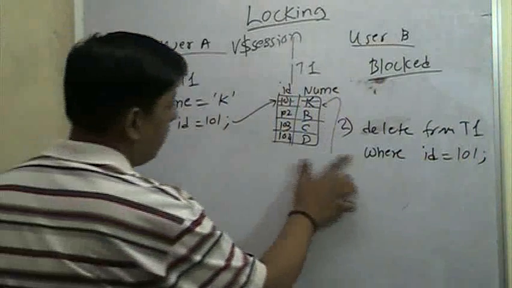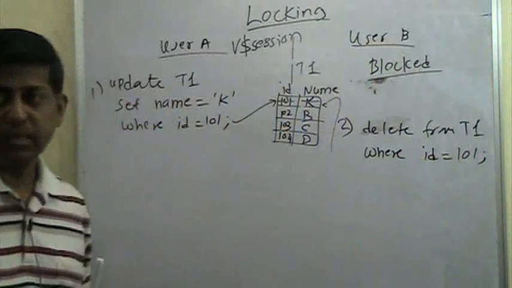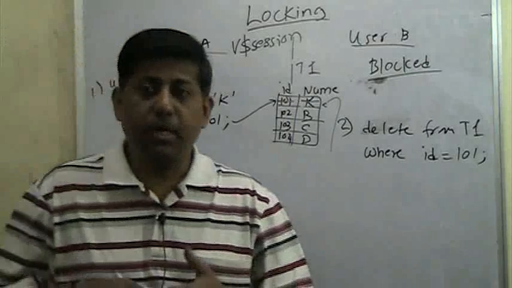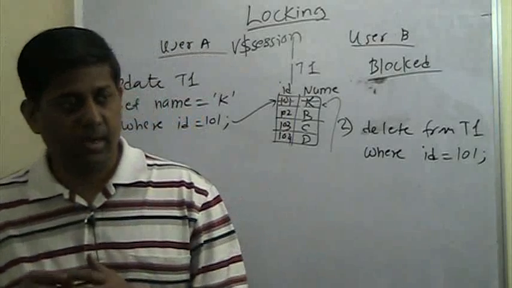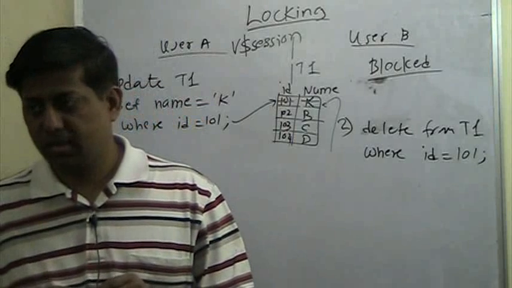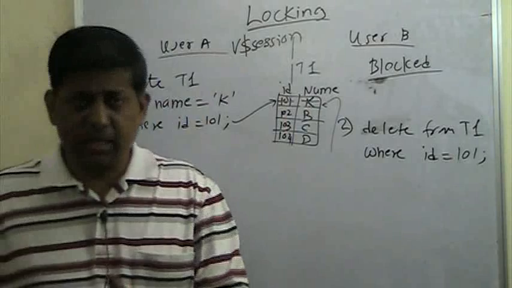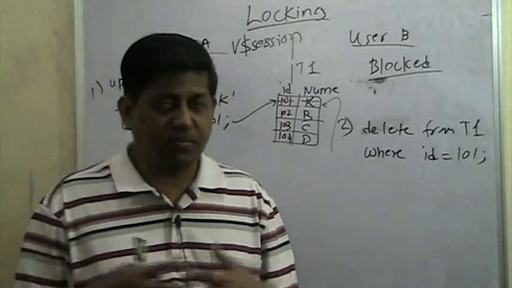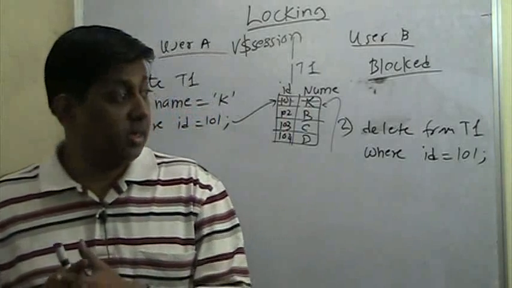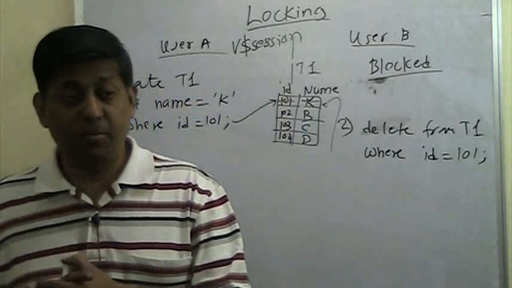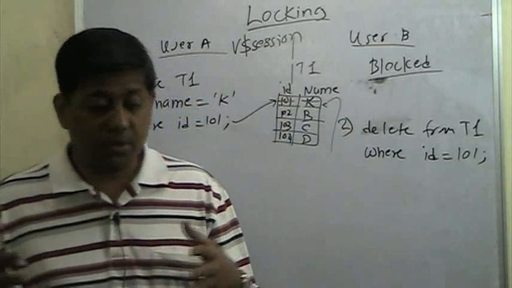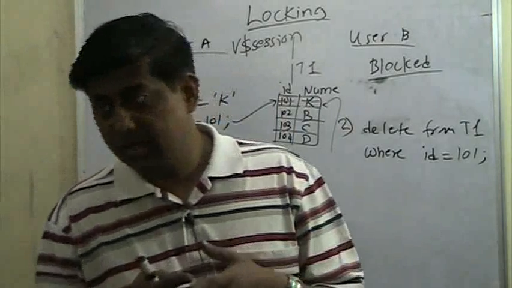Now, about the deadlock. What is the difference between a lock and a deadlock? Deadlock is like forever. Yes, I think you are correct. Deadlock is kind of forever, and therefore in earlier versions of Oracle, deadlock was a bad thing because Oracle could not identify the deadlock.